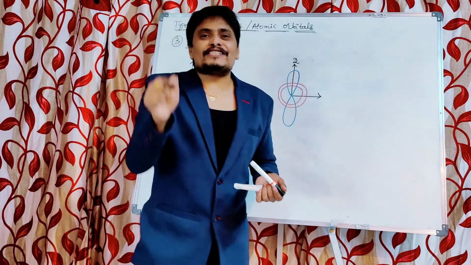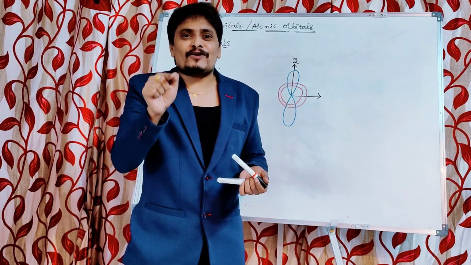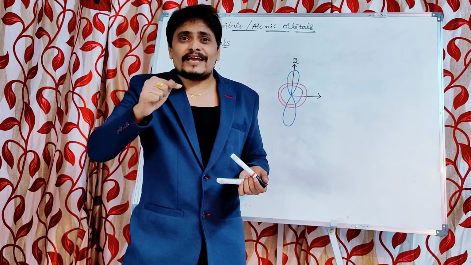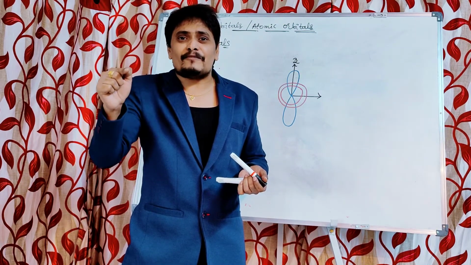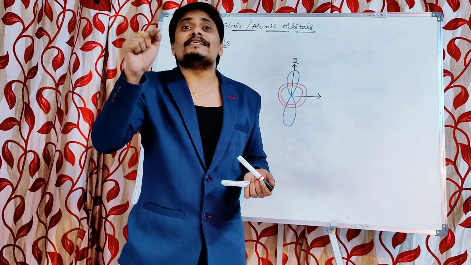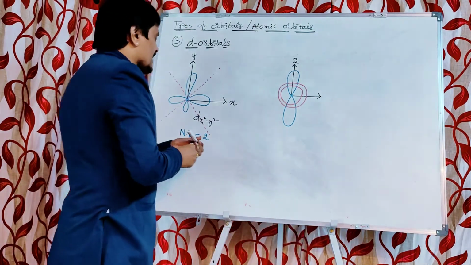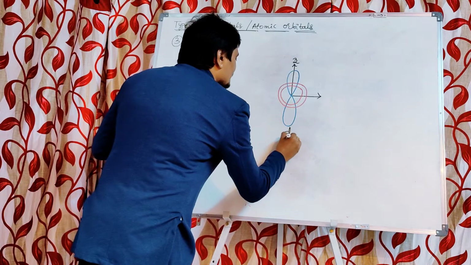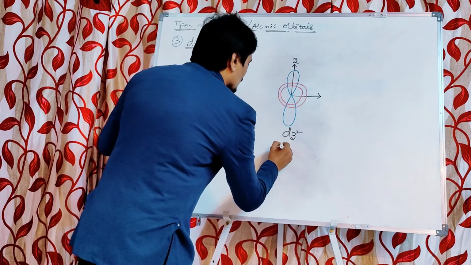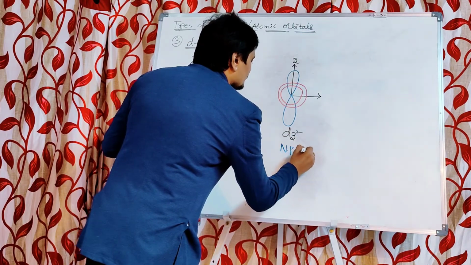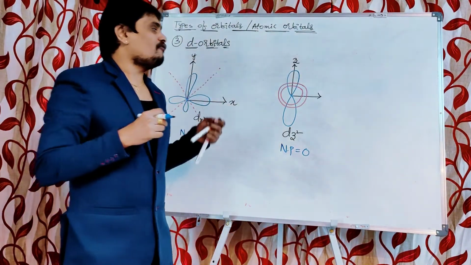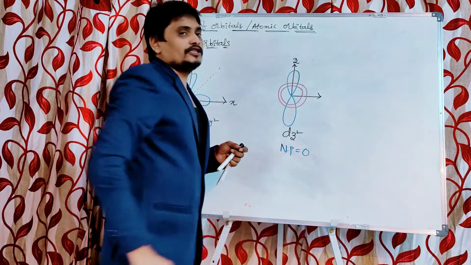As in the case of s orbital the number of nodal planes is 0, and as the dz square shape can be correlated with the s orbital shape, we can say that the number of nodal planes in dz square is also 0, just like the s orbital, because it is taking the shape of the s orbital, spherical in shape.